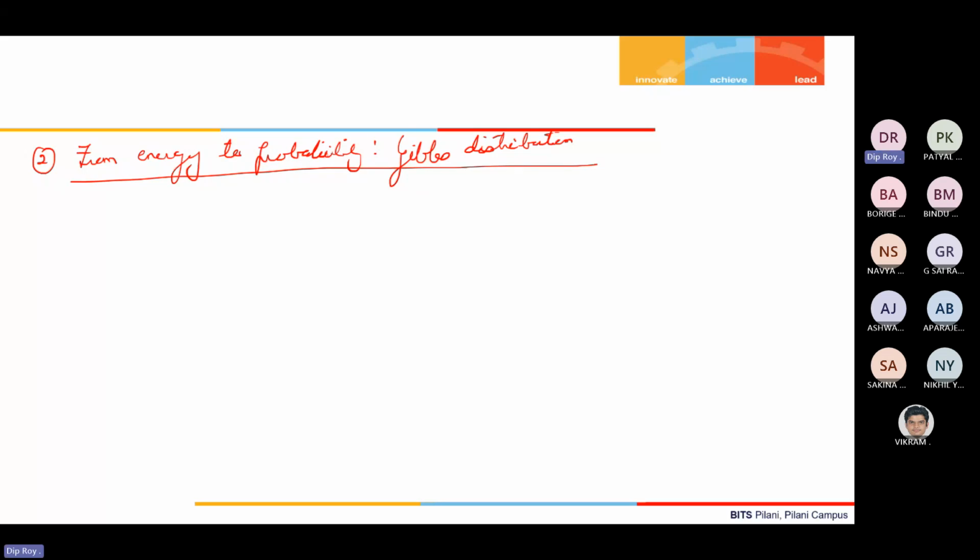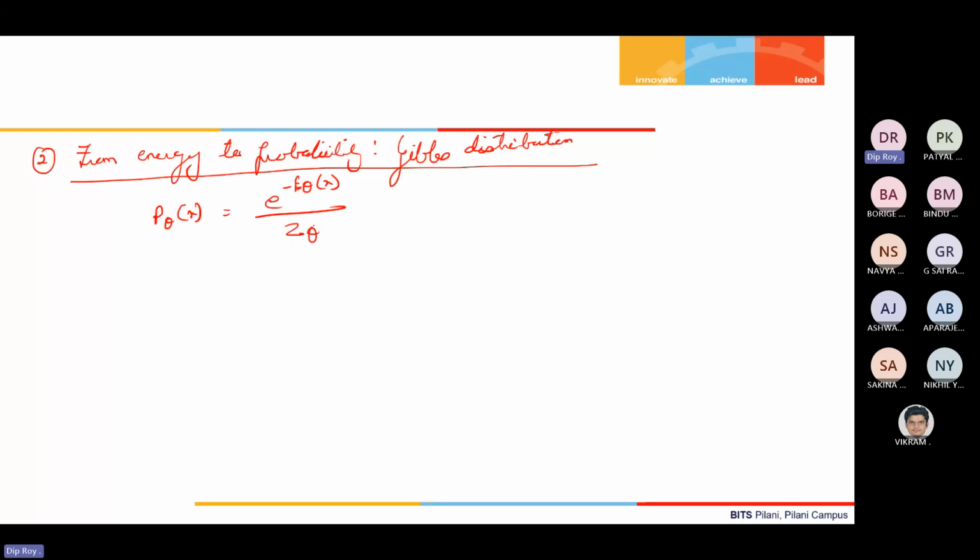So EBMs use the Gibbs or Boltzmann distribution, which is represented like this. Now you can relate to the last class. This is E, and Z theta.